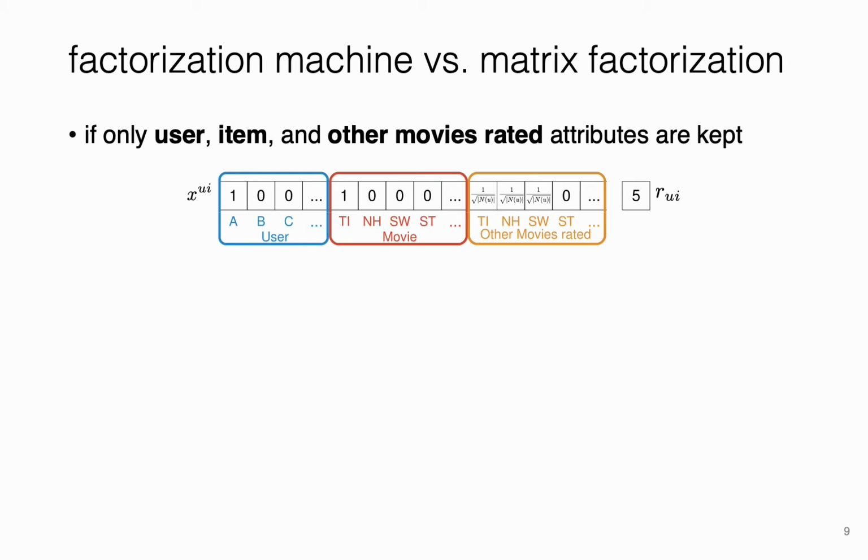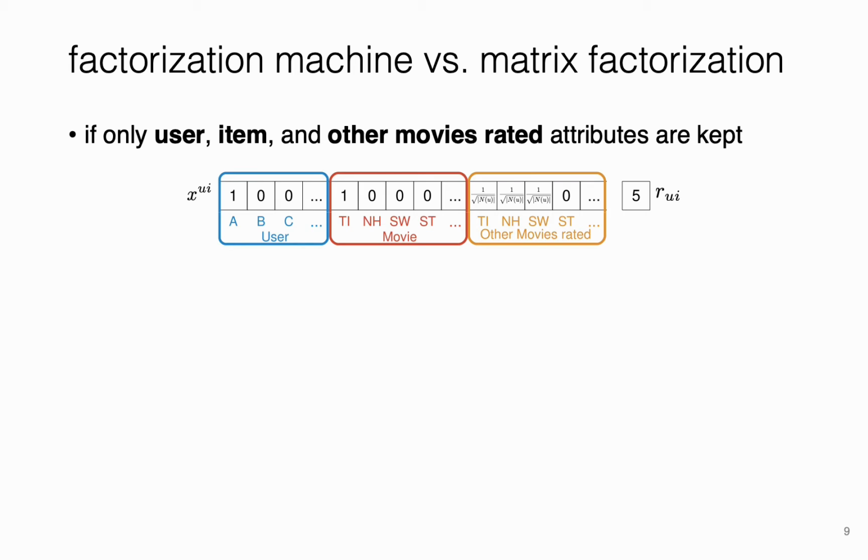This time the features available are the user ID and item ID, as before, blue and red columns, but additionally we have the features describing the other movies rated by the user, the orange columns. Remember that these orange columns have a value of 1 for the movies that the target user has rated.